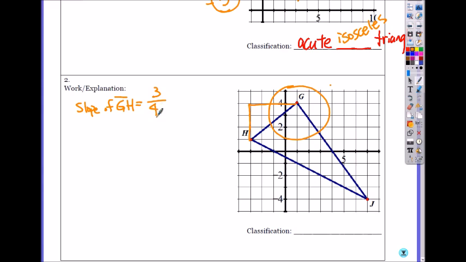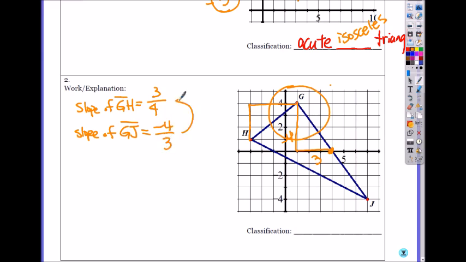So it's 3 over 4. What about GJ? Slope of GJ. Let's see. We can stop here, right? It's halfway. So it's 1, 2, 3, 4, down 4, over 3. It's down 4, over 3.